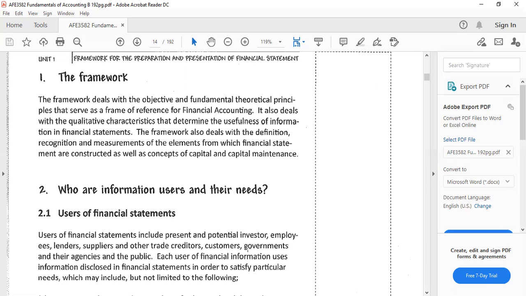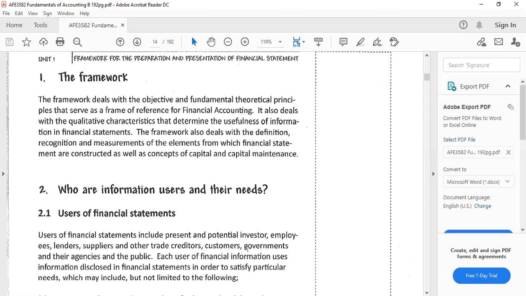So the framework also deals with how you recognize an item as part of a certain element. Meaning, for you to say that a car is your fixed asset, how do you recognize it? What characteristic does a car have that determines that it's a fixed asset?